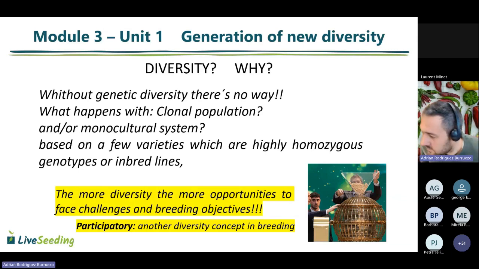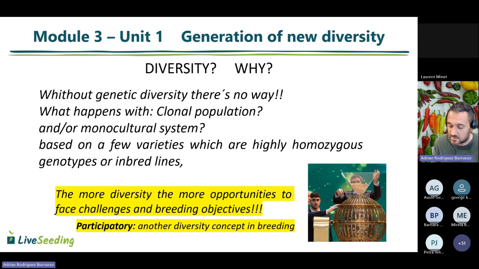And all this situation goes to the comment I'm continuously saying. The more diversity you manage or you have available in your productive system as breeder or as breeder farmer, the more opportunities you will have to face challenges.